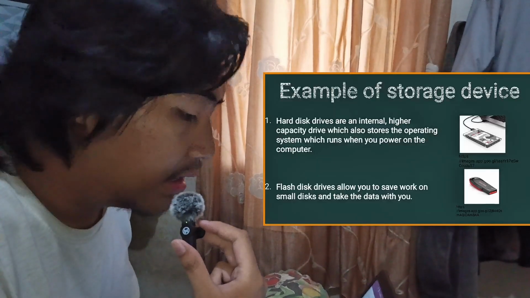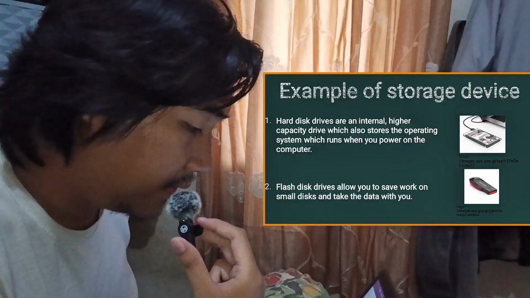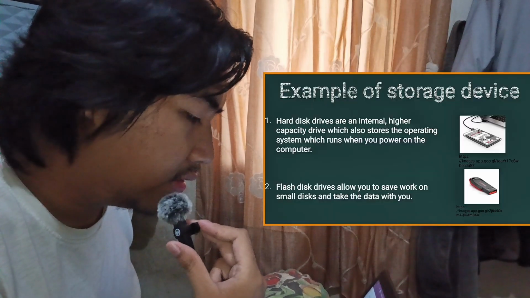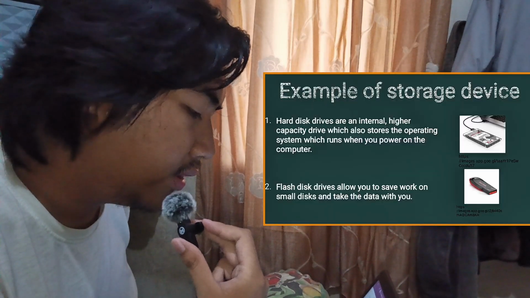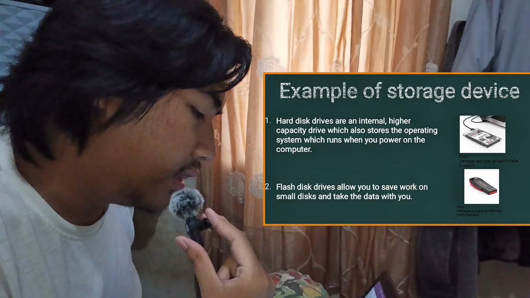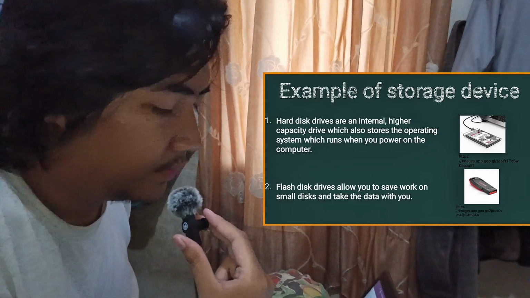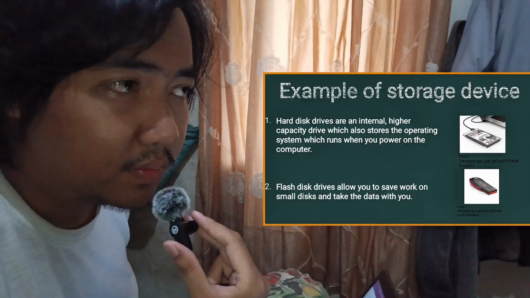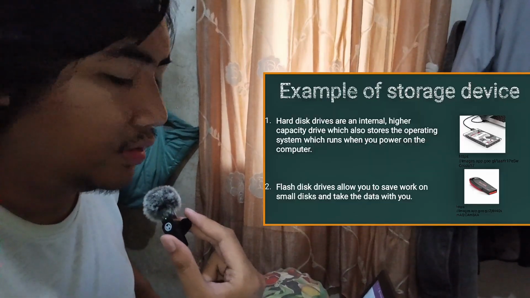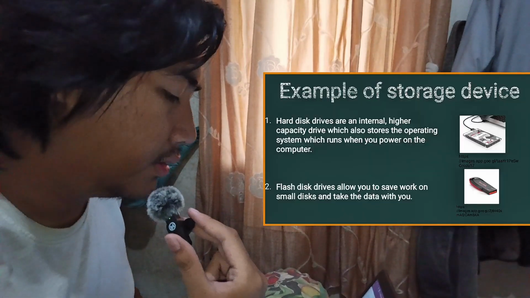Okay, in the next page we've got examples of storage devices. The first one is hard disk drives, which are an internal higher capacity drive that also stores the operating system, which runs when you power the computer on. So the hard disk is the biggest and is always inside of the computer.